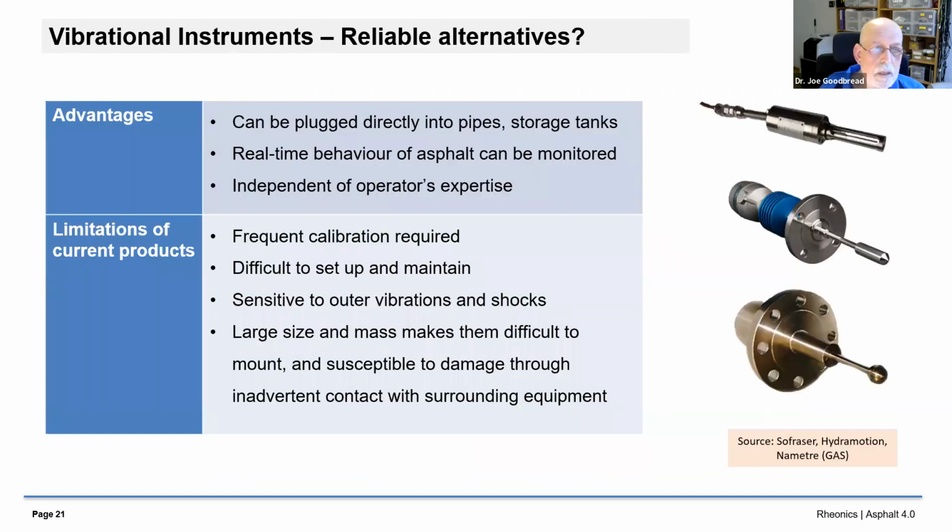Okay. So what are the alternatives to laboratory instruments when you want to do inline measurements? Probably the best option is using vibrational instruments. So what is a vibrational instrument? It has something that vibrates, like a little reed, or a cylinder that oscillates in torsion.